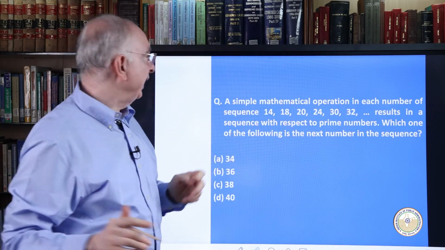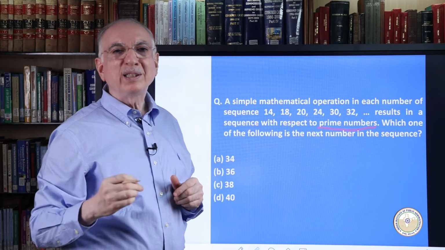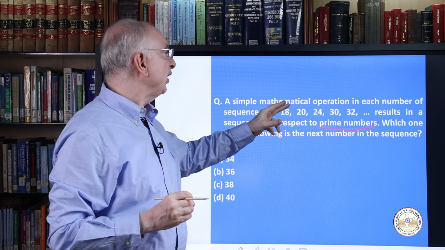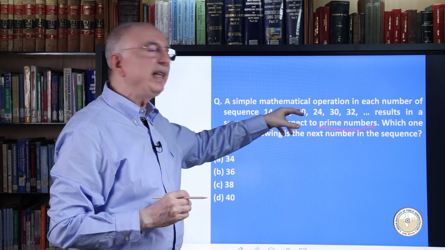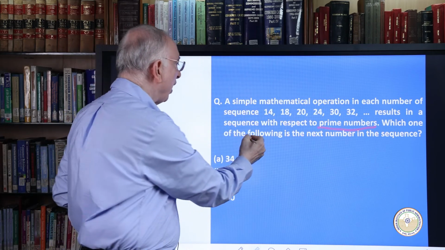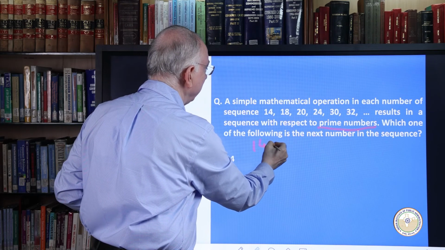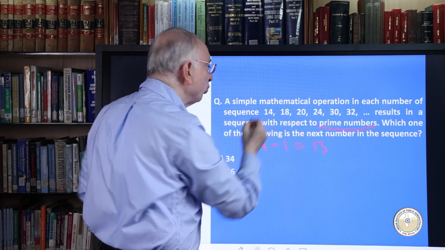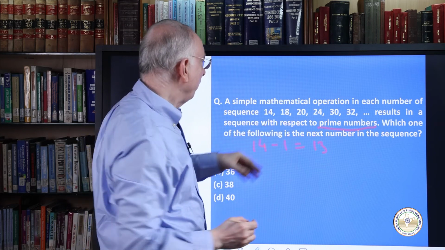Here the key point is prime numbers. Let us recall what prime numbers are. Prime numbers are the numbers which are divisible only by 1 and itself. So what kind of mathematical operation can we apply on each number to get prime numbers? Now if we reduce each of these numbers by 1, we will get prime numbers. For instance, if we reduce 14, 14 minus 1 is equal to 13, and likewise if we reduce 1 from each of these numbers, we will get the series of prime numbers.